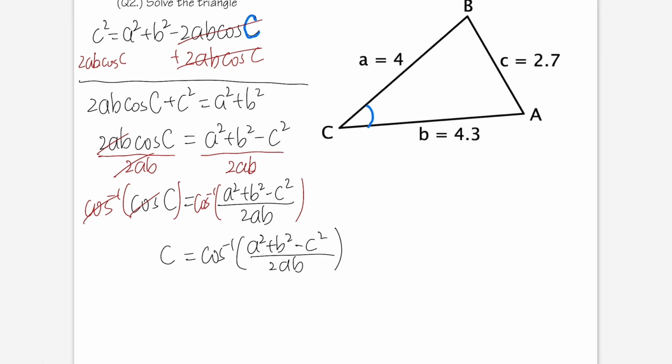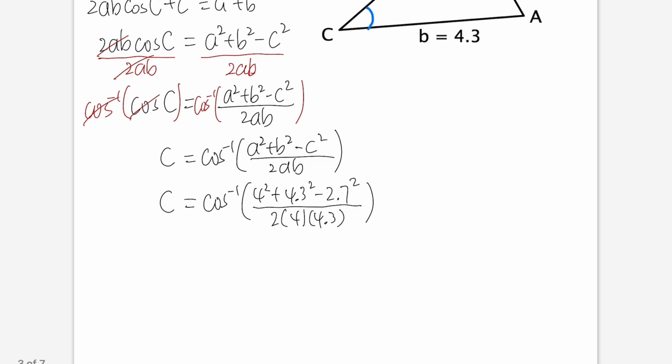So we know C will be equal to inverse cosine of a squared, which is 4 squared, plus b squared, which is 4.3 squared, minus c, which is 2.7 squared, over 2 times a and b. All right, and now it's just a matter of putting everything down on the calculator.